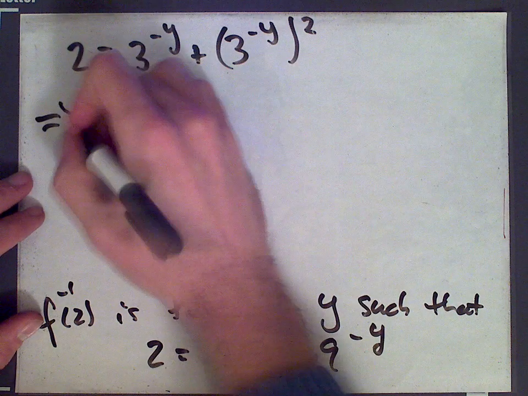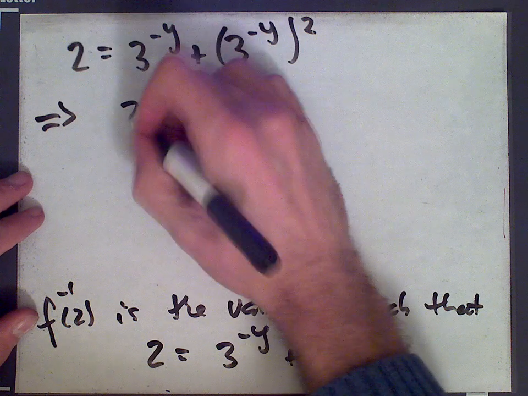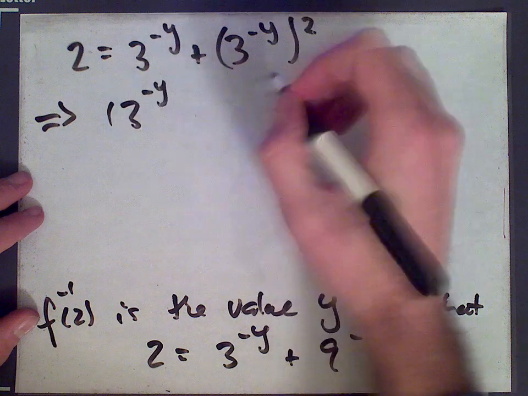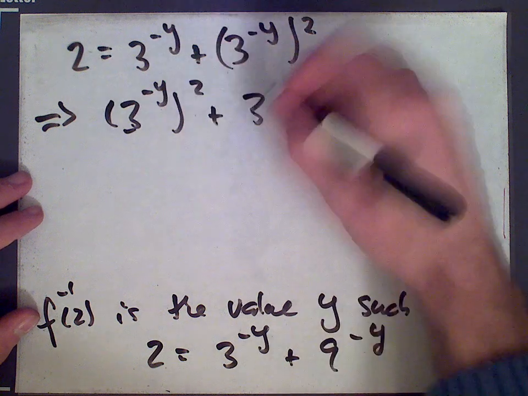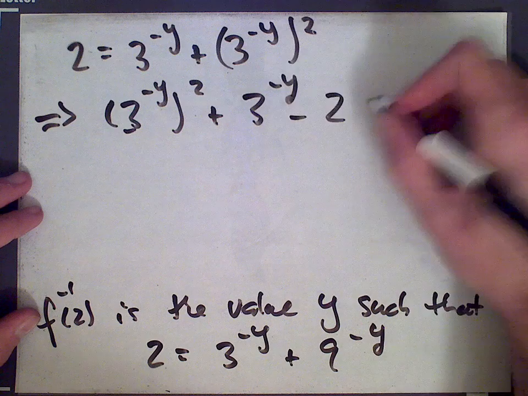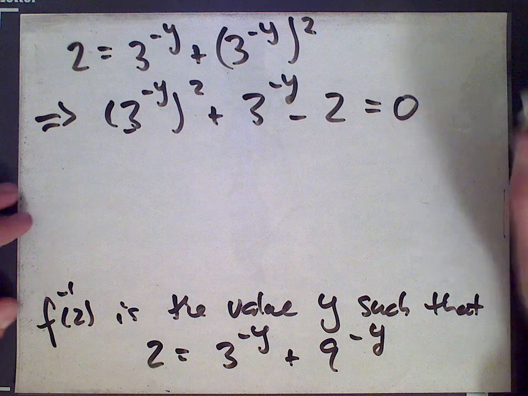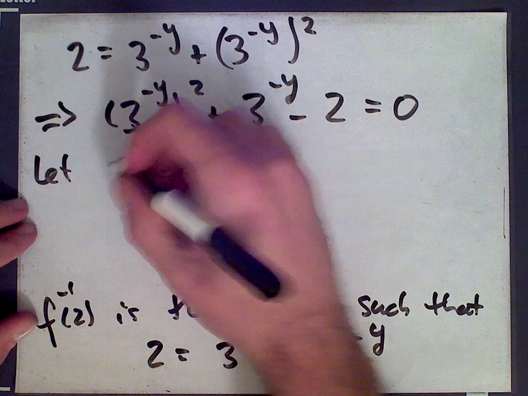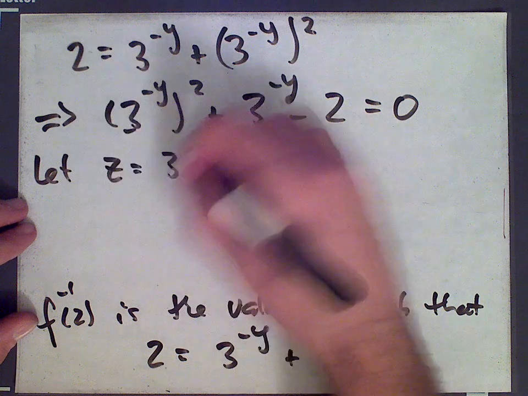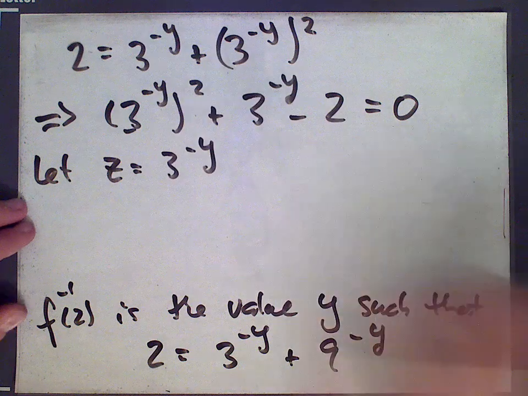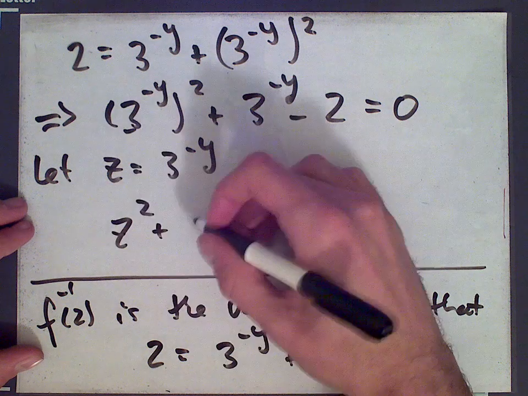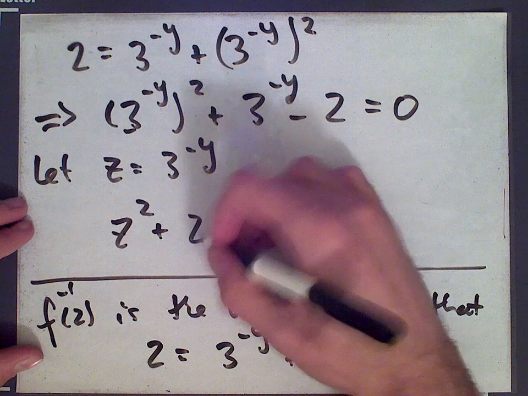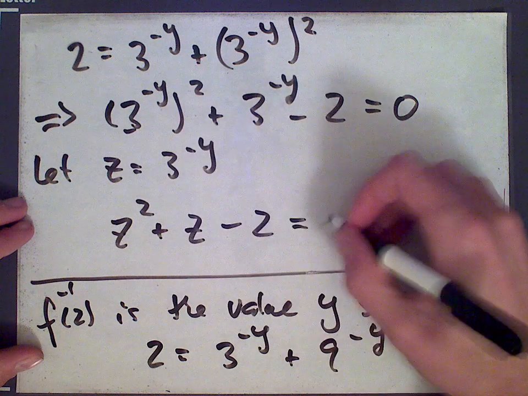Now we want to set everything equal to 0. So we get 3 to the negative y, squared, plus 3 to the negative y, minus 2 equals 0, which looks like a quadratic if we let, say, z equal 3 to the negative y. We get z squared plus z minus 2 is 0.